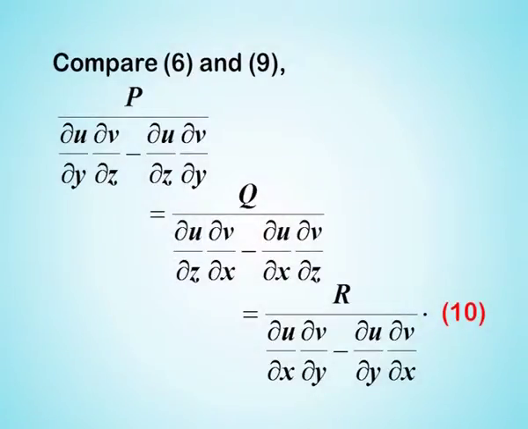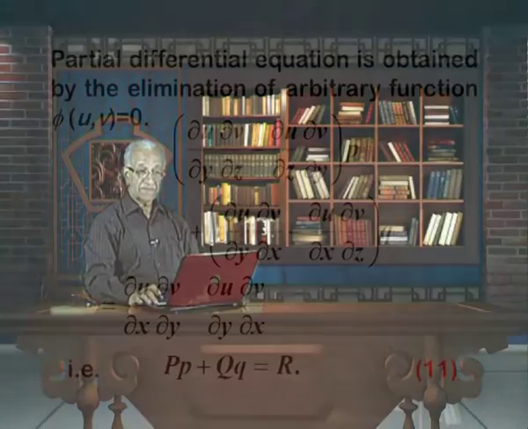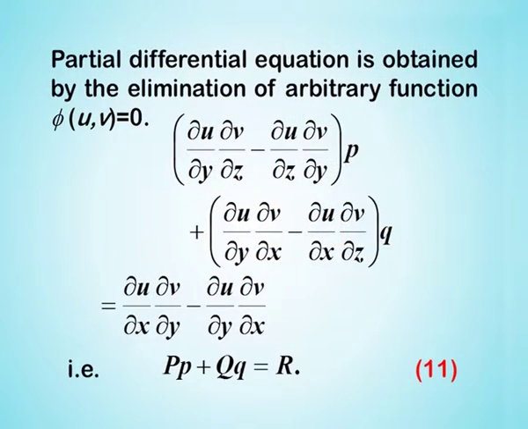By comparison, it is very obvious that equation 10 can be obtained. Instead of dx, dy, dz that we had in numerator, now it will be replaced by p, q, r because the comparison is so simple to write here. Then look at this, partial differential equation is obtained by the elimination of arbitrary function, this equal to 0.